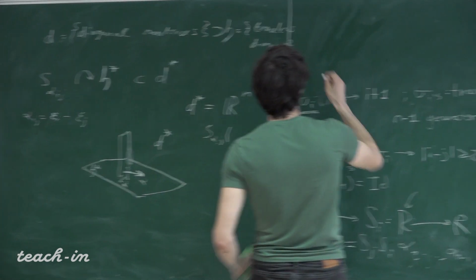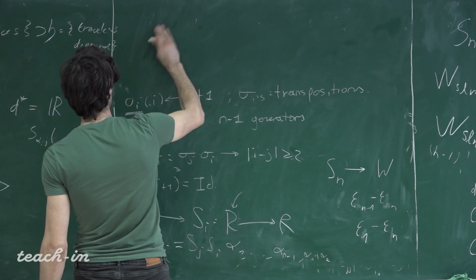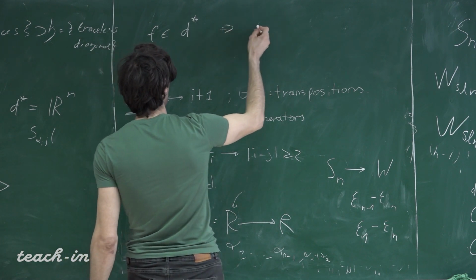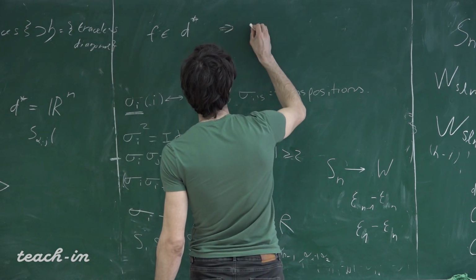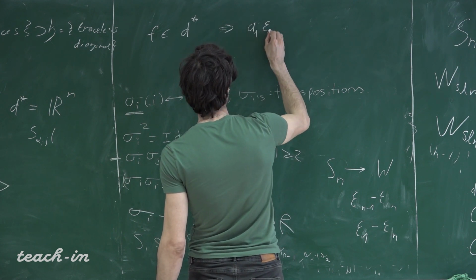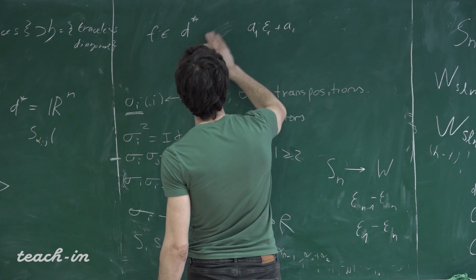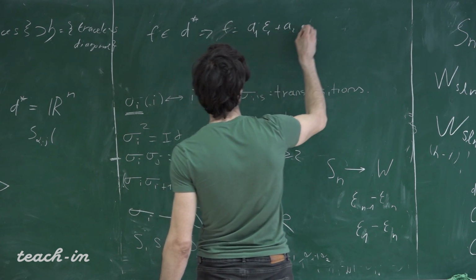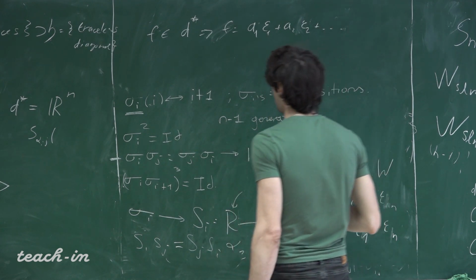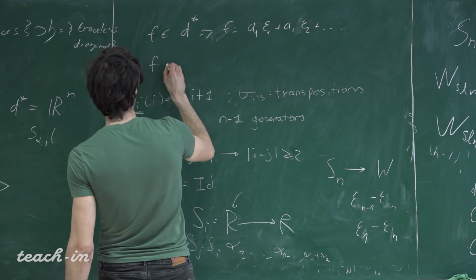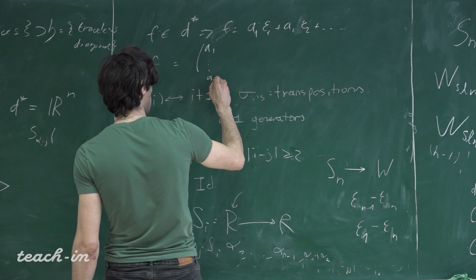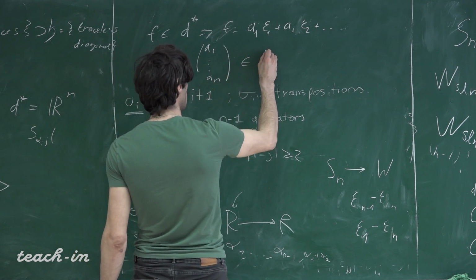If I take some element f in D star, then it is a1 epsilon_1 plus a2 epsilon_2 and so on. Therefore I consider f to be a vector with coordinates a1, ..., an in R^n.